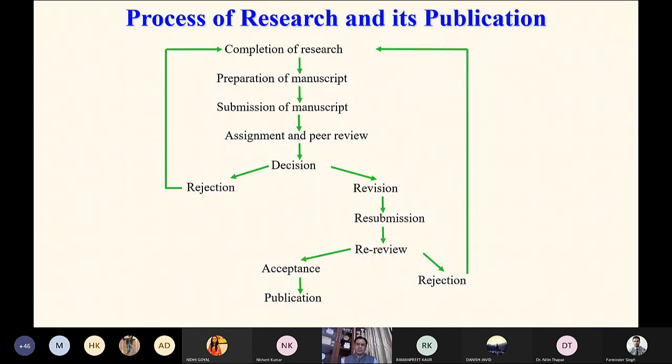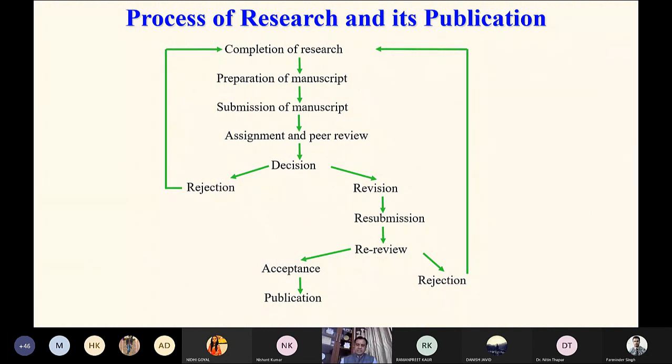That all depends upon the comments given by the reviewer. It is not necessary that after receiving the revisions and making the modifications as per the reviewer's comments, our paper is going to be accepted.